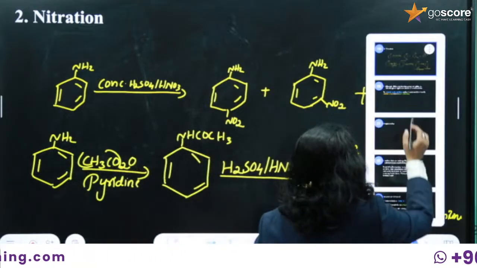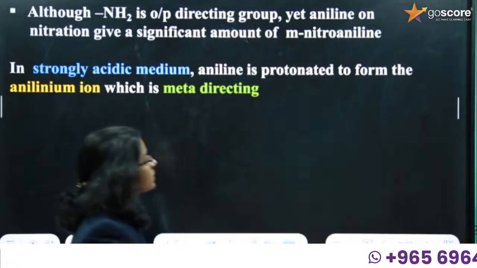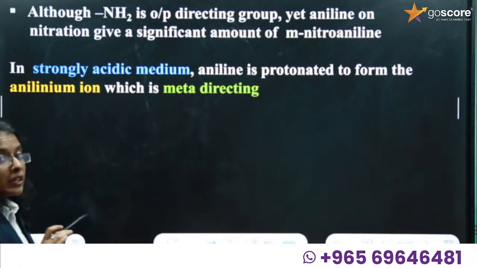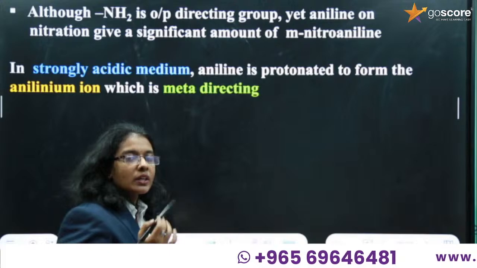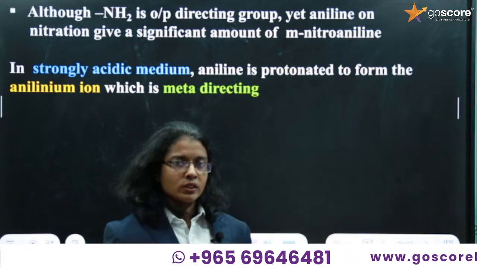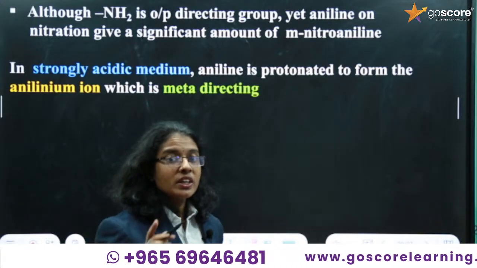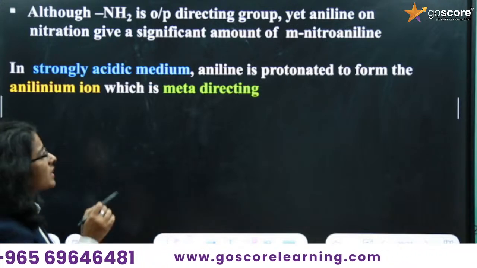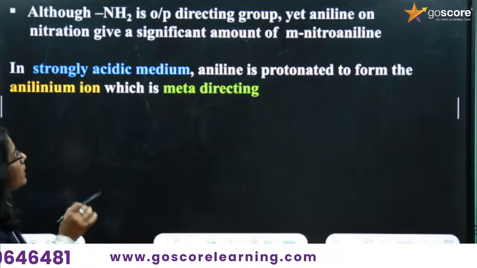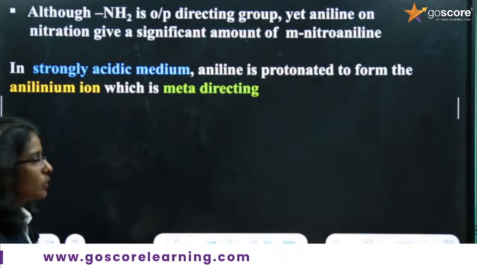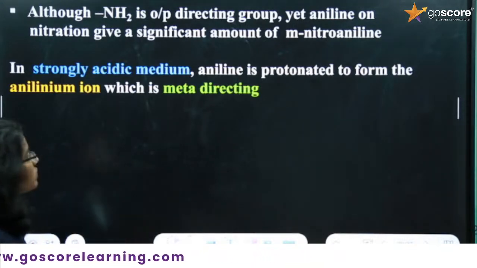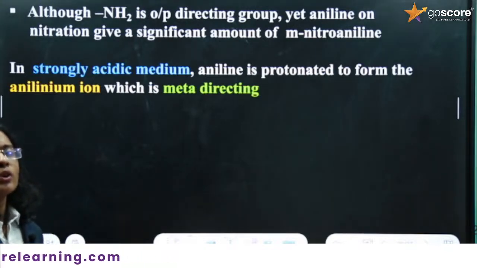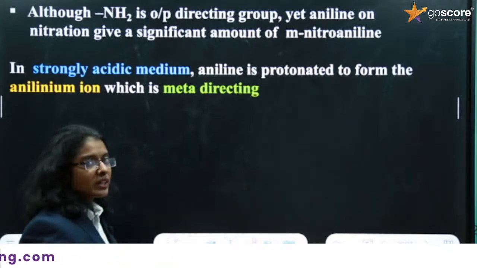Then from here, there is another important question, reasoning type question. Although NH2 is an ortho para directing group, yet aniline on nitration gives a significant amount of meta-nitroaniline. Why?